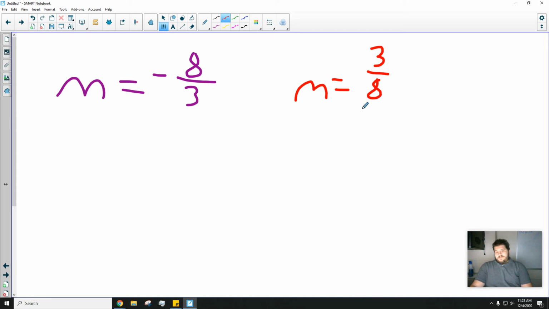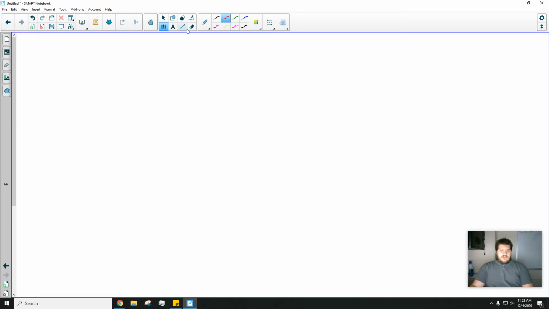I mean, even if I were to do something a little more complicated, like point slope form, where it's y minus 3 is equal to 7/5 times x minus 2.